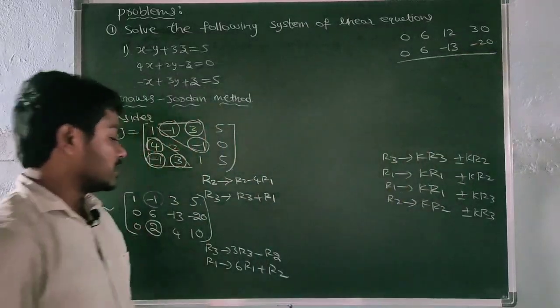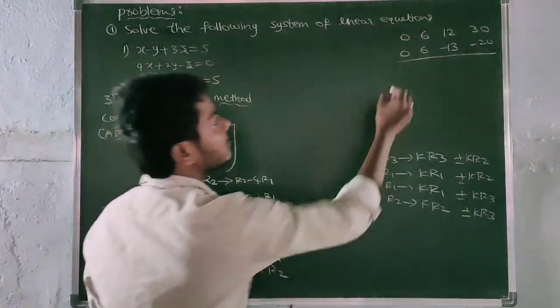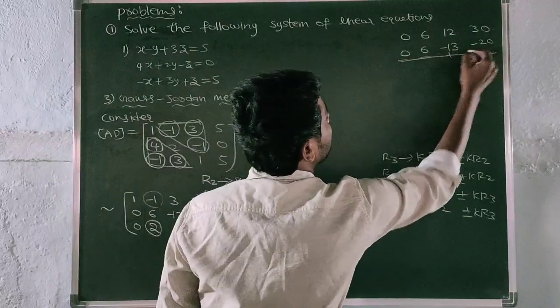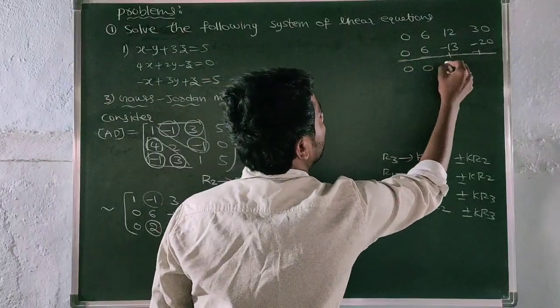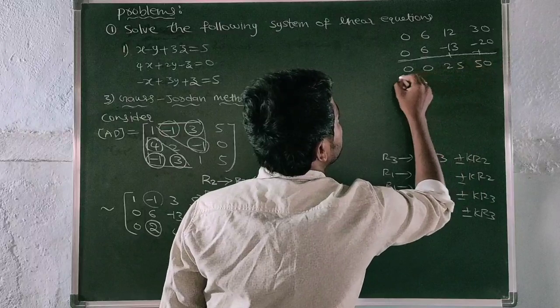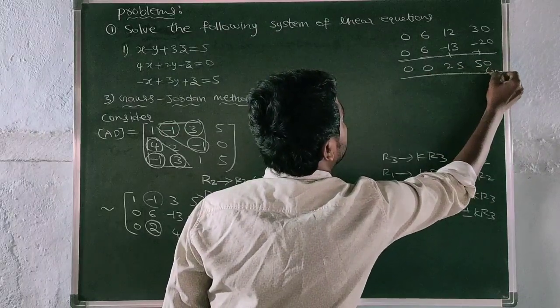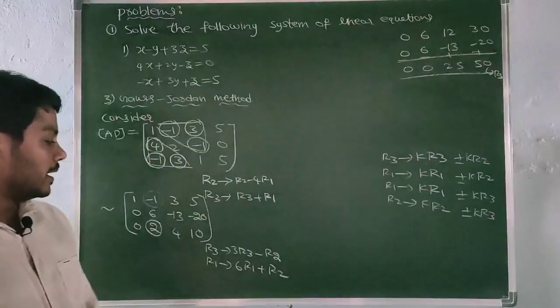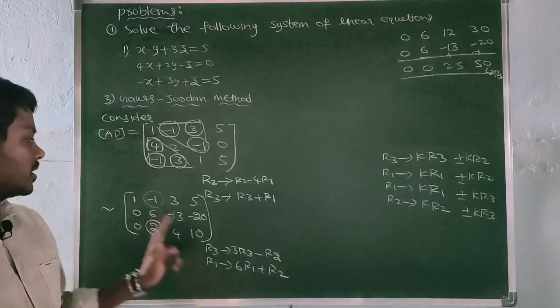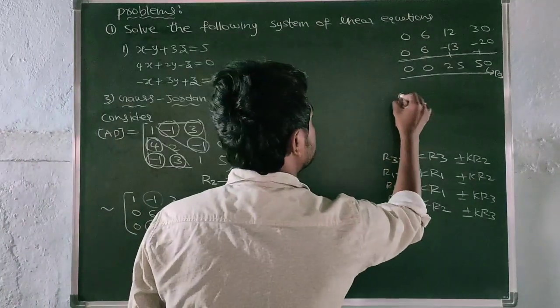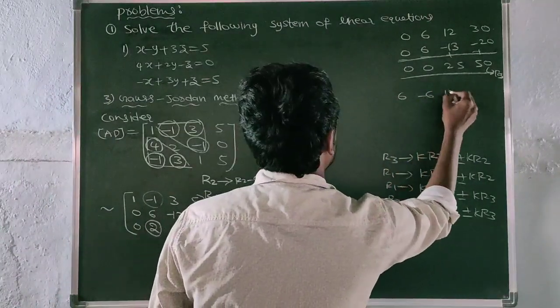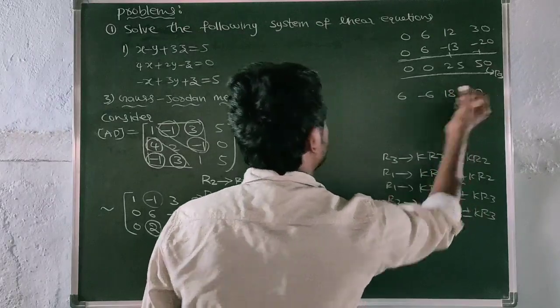So subtract these two rows: 0, 0, 25, 50. This is the R3 row. Next 6 times R1, that is 6, minus 6, 18, 30.